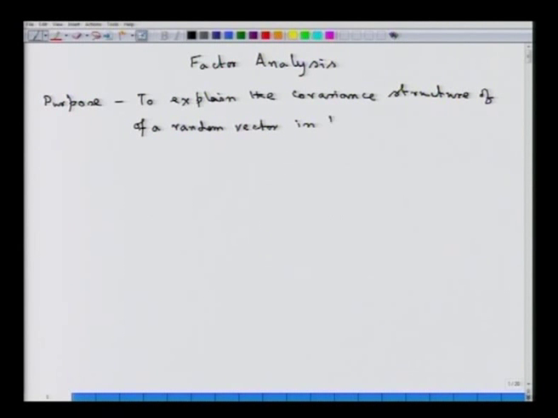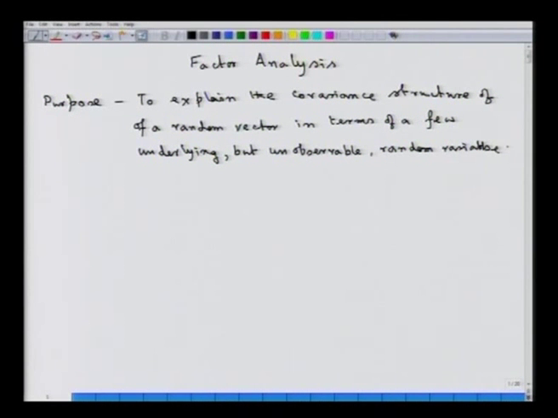in terms of a few underlying unobservable factors. Now these unobservable factors are random variables. There are points why it is written that in terms of a few underlying.